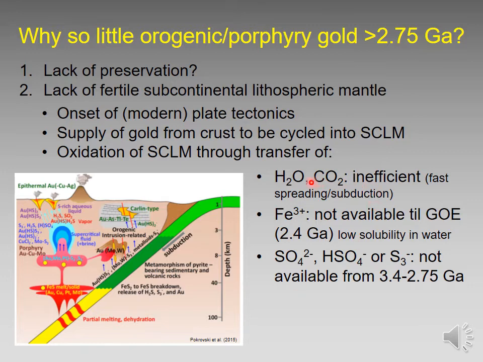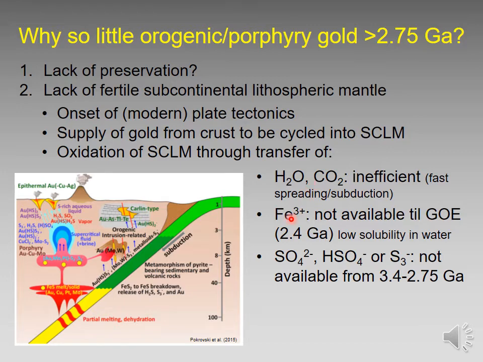One of them would be H2O and CO2. They're not very efficient, and especially in the Archean, our spreading rates, and if we had subduction, then the subduction rates would have been too fast to really hydrate and carbonate oceanic crust sufficiently to make these components really effective for oxidation of the subcontinental lithospheric mantle.